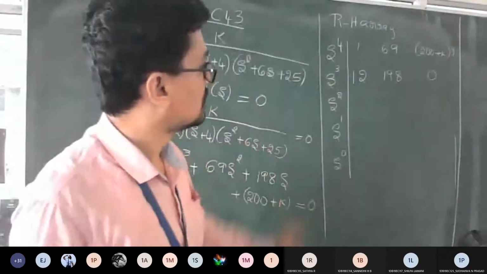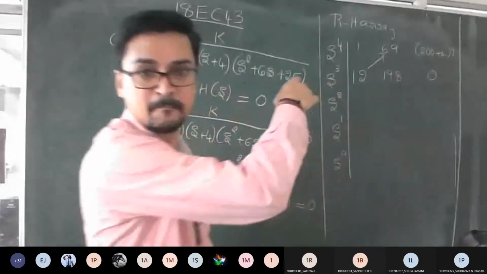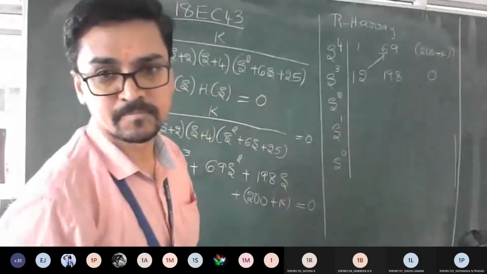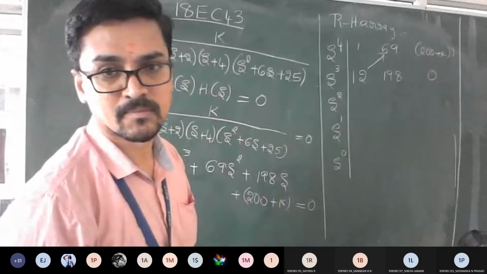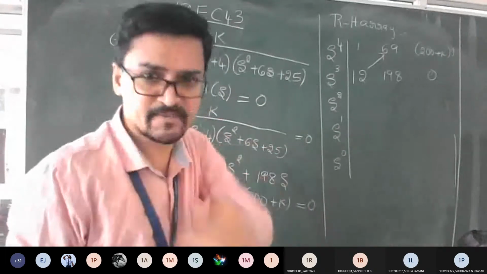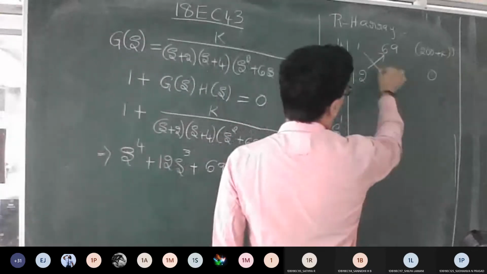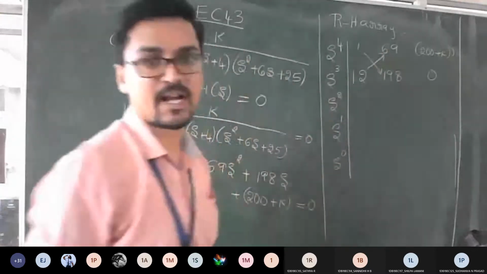What is the first answer? What is B1? It's 12 into 69. Is it visible here, what I've written? Everyone? Okay. So 12 into 69 minus 1 into 198 divided by 12.